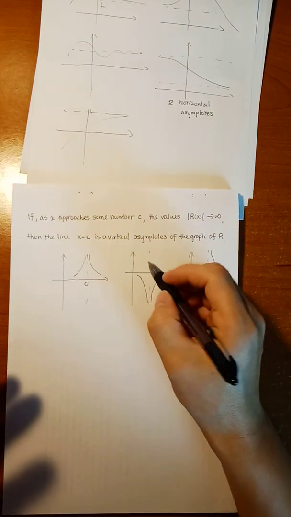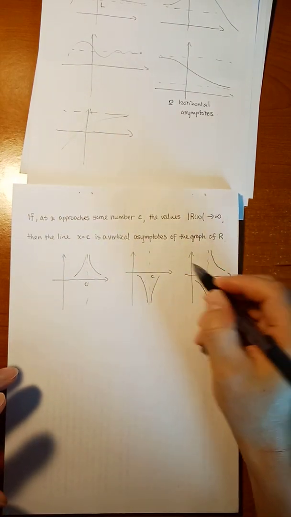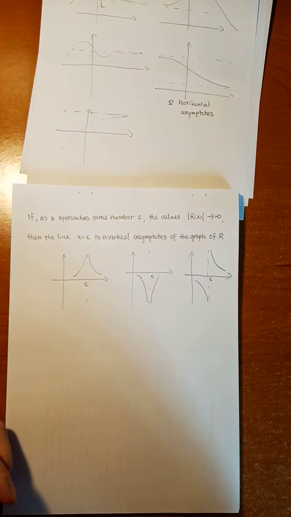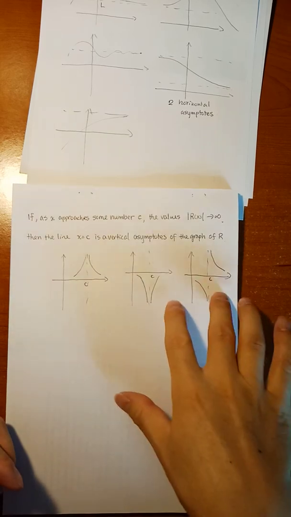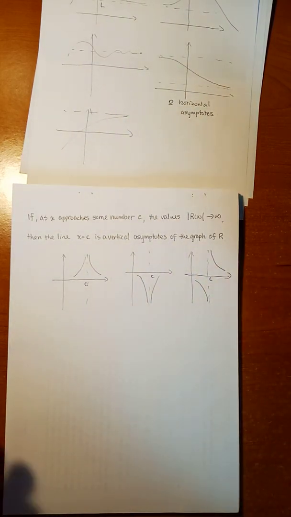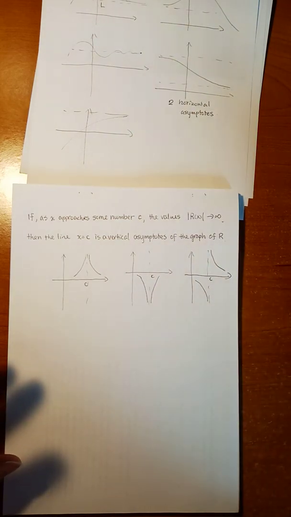In either case, x equal to c is called a vertical asymptote. They all represent a vertical asymptote. And be careful, a function can have many vertical asymptotes.